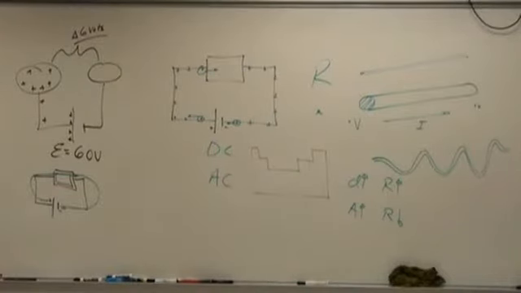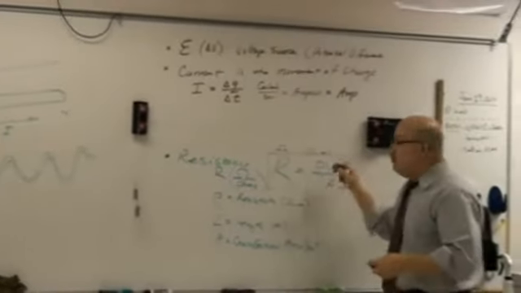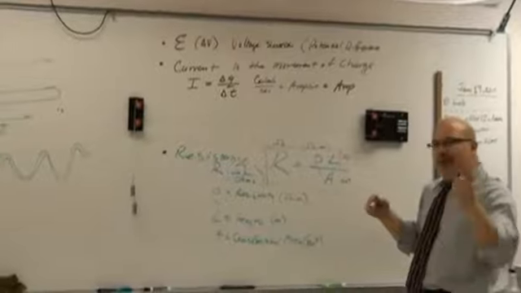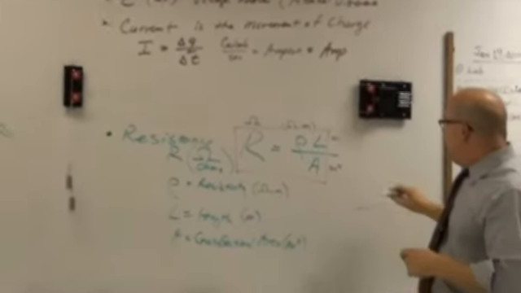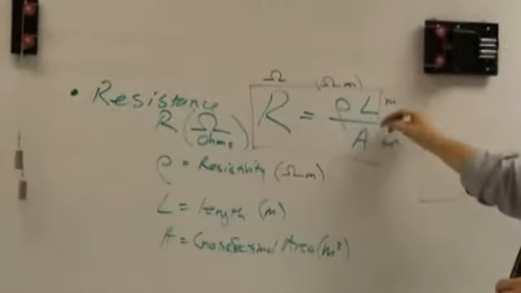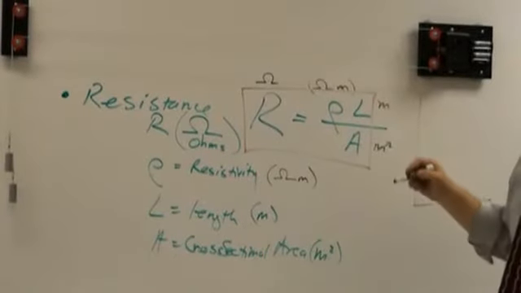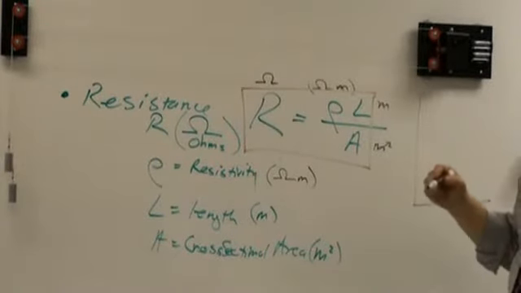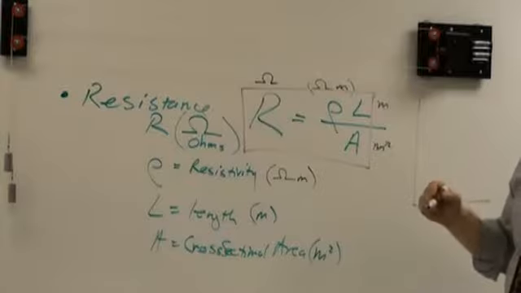Why doesn't our formula account for temperature? Good question. You notice this formula only accounts for the geometry of the object and what it's made of. Those three things are the major effects, but they are not the only effects.